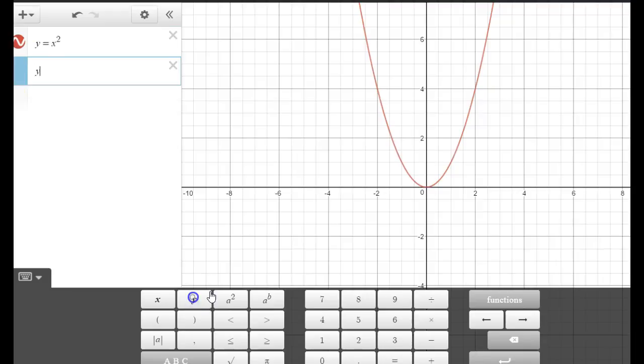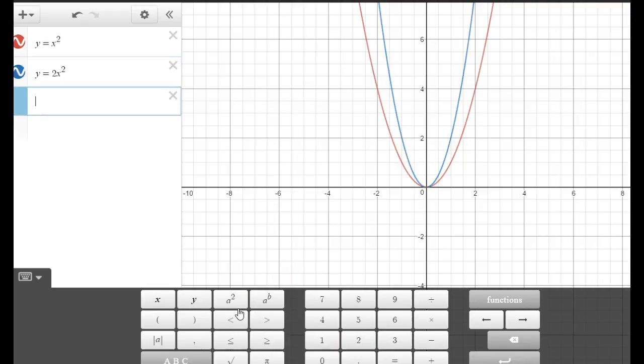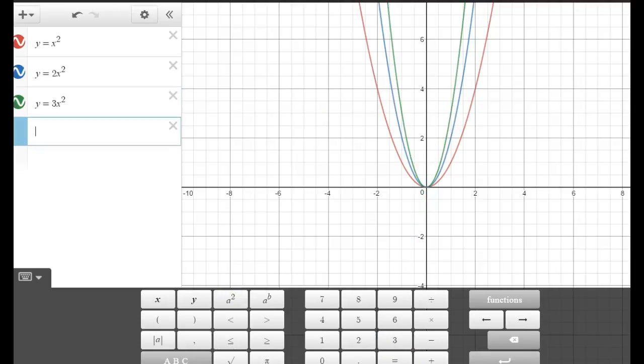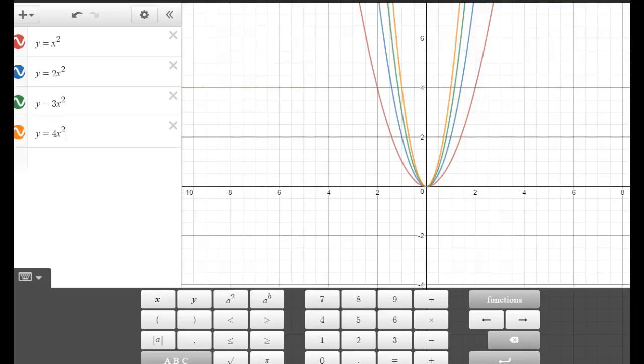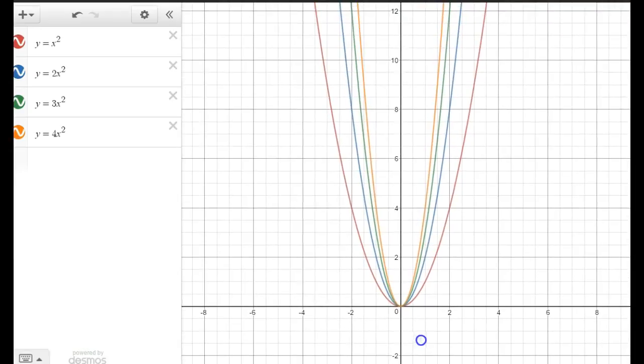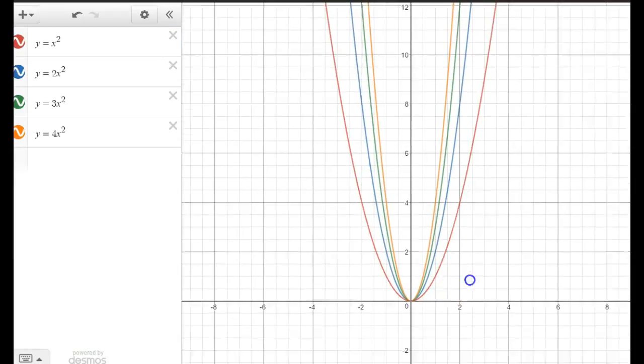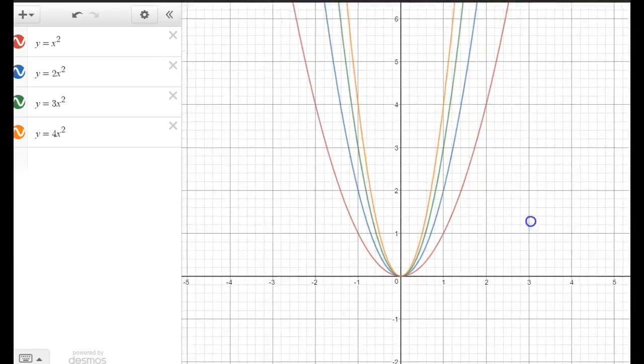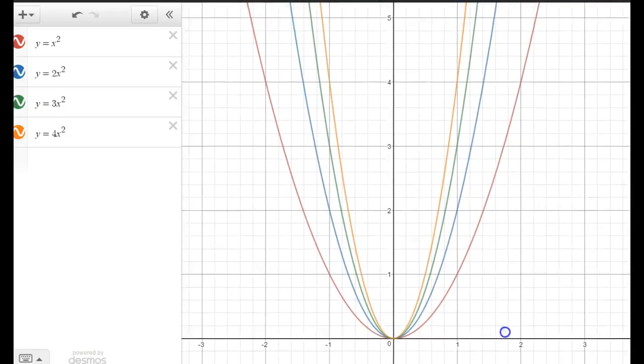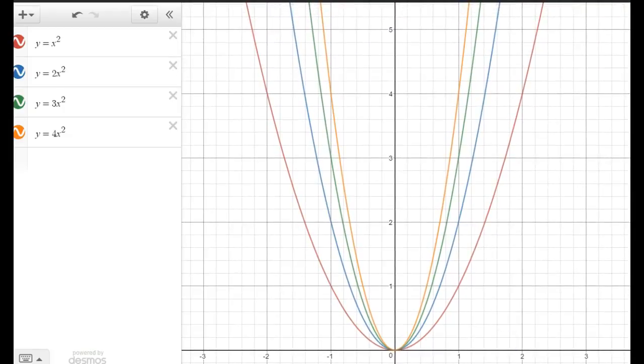And then I want y equals 2x squared, y equals 3x squared, and y equals 4x squared. I'm going to take my grid graph and zoom in a little bit so they're a little bit more obvious to differentiate.